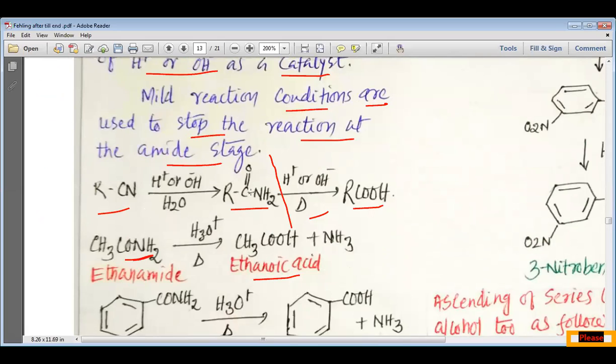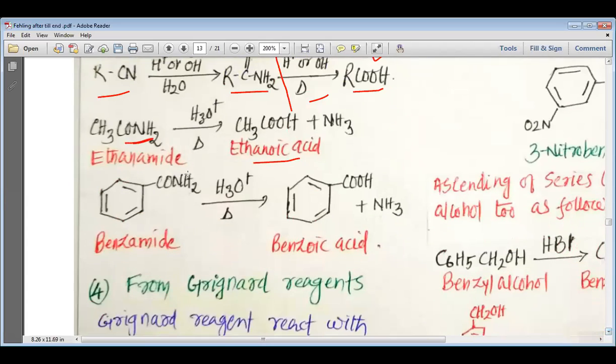From nitriles we can prepare amides. But if the conditions are not mild, if they are stronger, then we shall get the carboxylic acid. Let us understand with an example, my dear students. If we have ethanamide, then on hydrolysis it gives ethanoic acid and ammonia. If we have benzamide, then on hydrolysis it gives us benzoic acid and ammonia.